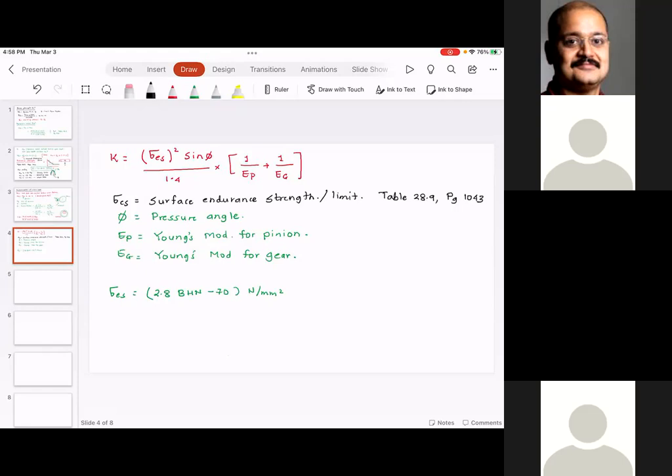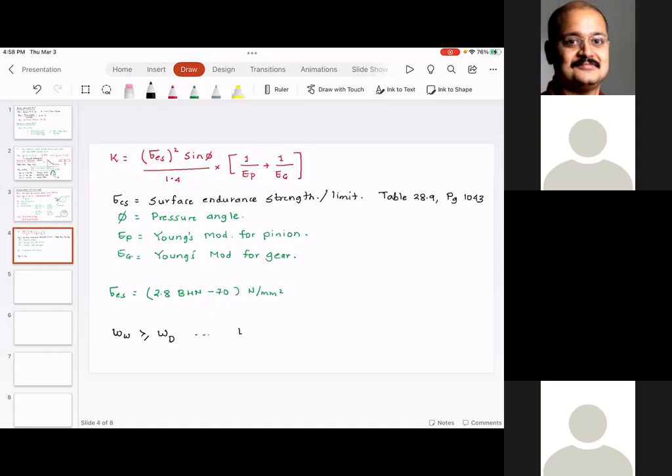The last part is, what are the different types of failures for the gear? And please understand, we don't want our gear to fail in wear. So what that means is WW has to be greater than or equal to WD.